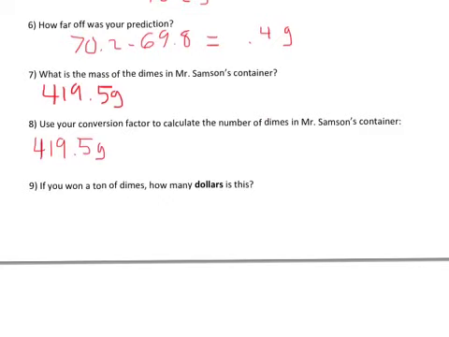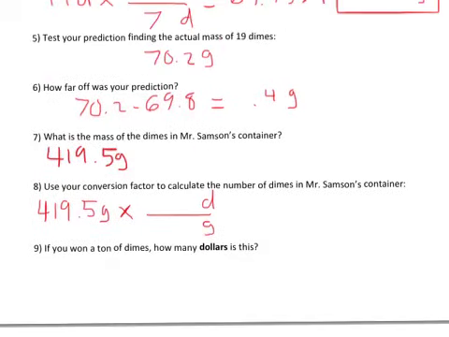So I'm going to multiply by a fraction. I'm going to put grams in the basement and dimes up above. And what I found was 7 dimes with a mass of 25.7 grams. Now what's going to happen is grams are going to cancel out and leave me with dimes.